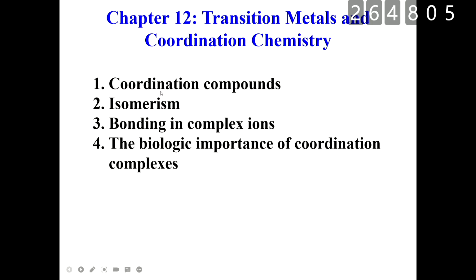In this chapter, we will introduce the coordination compound, and we also do the isomers. The third is about the bonding in complexes, and we also simply introduce the biological importance of coordination complexes.